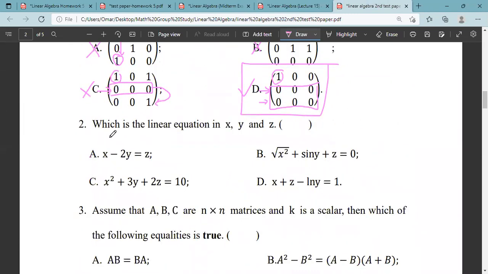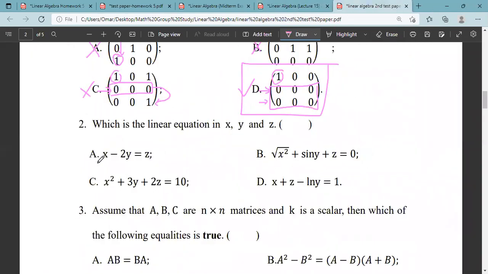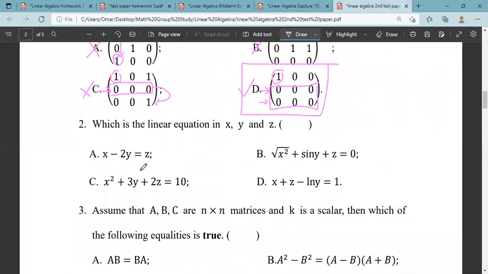So number 2, which is the linear equation in x, y, z? So what is the linear system?